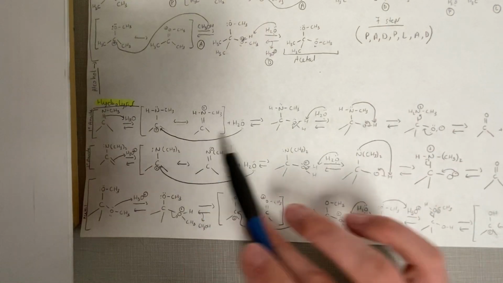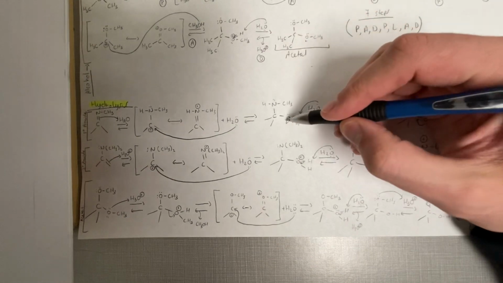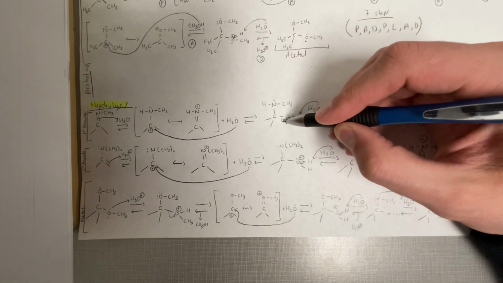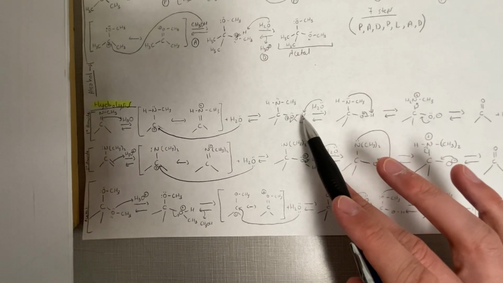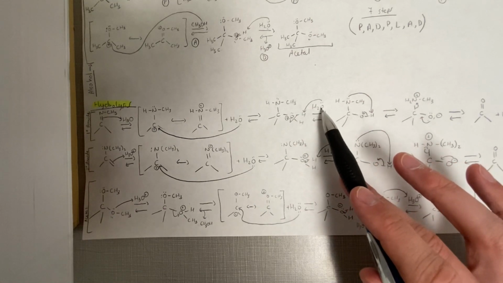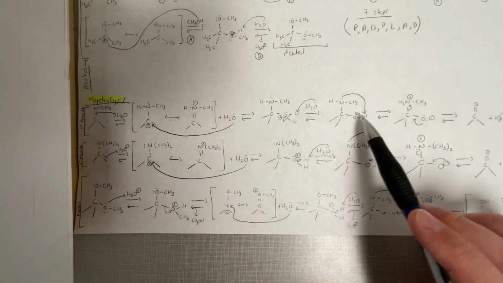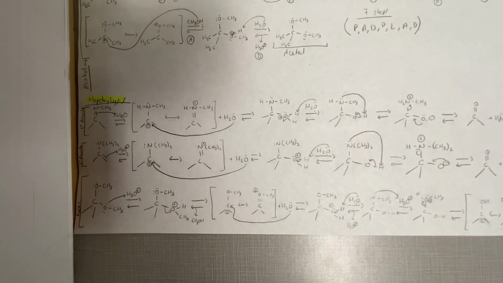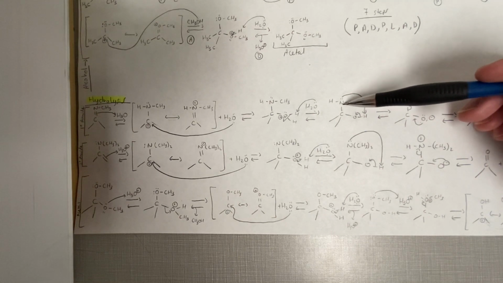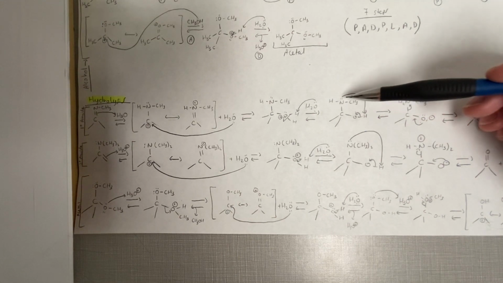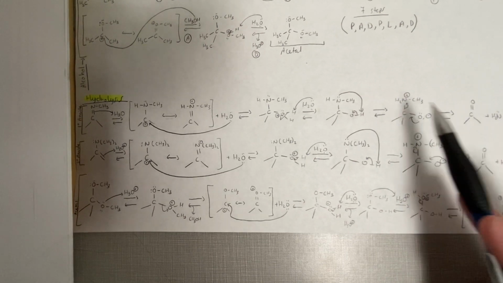Now, because of the oxygen here being positively charged, we want to deprotonate it with water again to give us this OH group here. And now we do want to get rid of this part here, so we end up with our final product, which is the ketone.